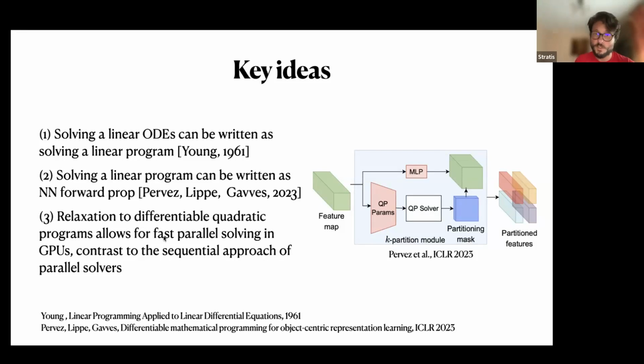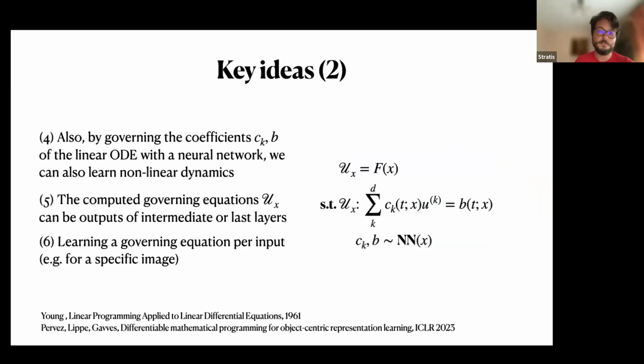This is important because then the problem becomes differentiable, so we can backpropagate through it without problem. In turn, this allows for fast parallel solving on GPUs. So we can solve the linear ODE in a batch and in one shot, so to speak, in contrast to the sequential approach of ODE solvers.